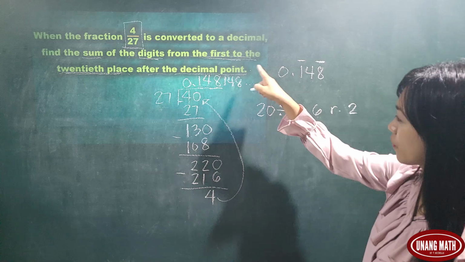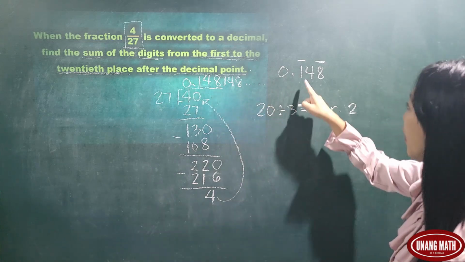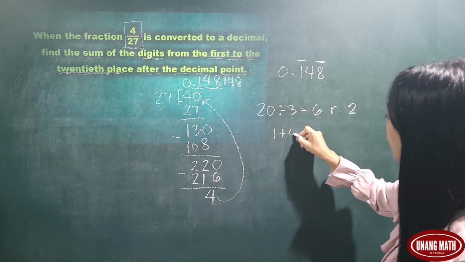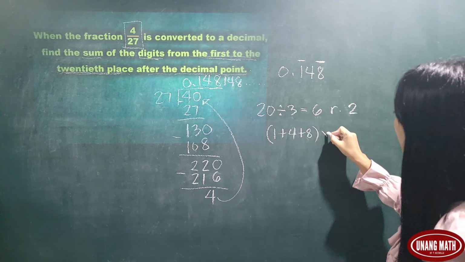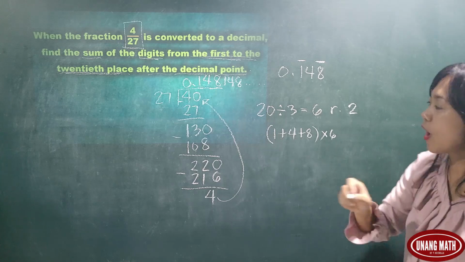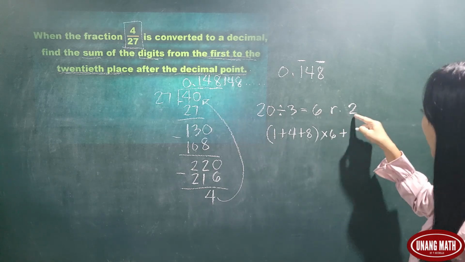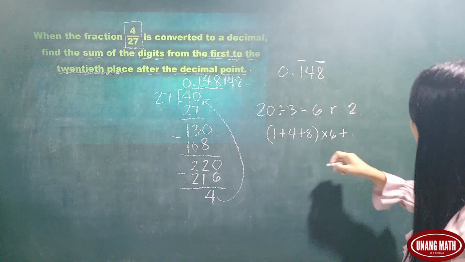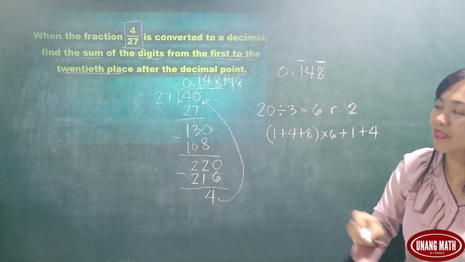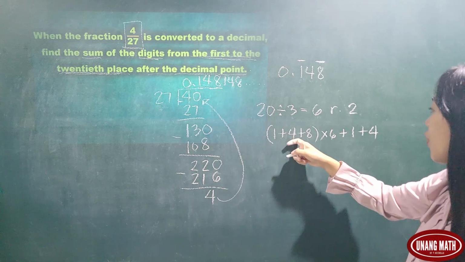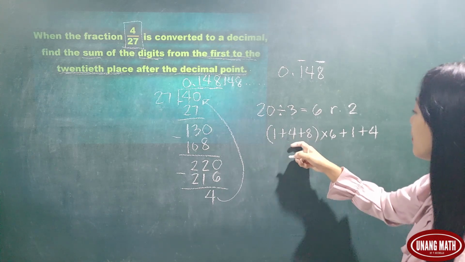So the sum of the digits from the first to the 20th place: 1 plus 4 plus 8, we have to multiply this by 6. Plus, since we have here remainder 2, it's going to be 1 plus 4. Okay, 1 plus 4 plus 8 is equal to 13.